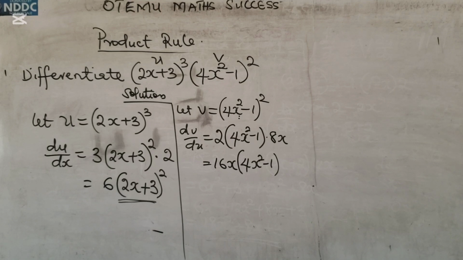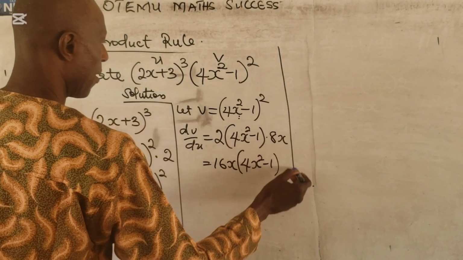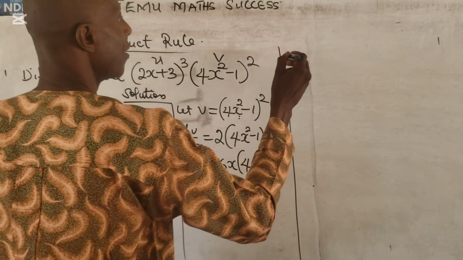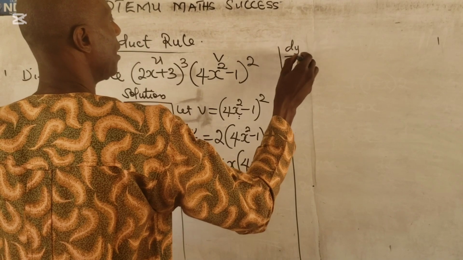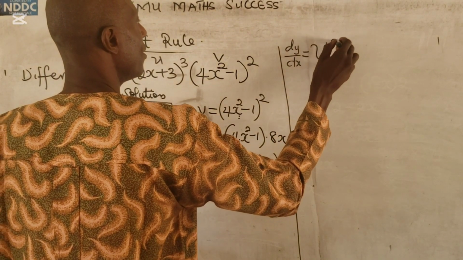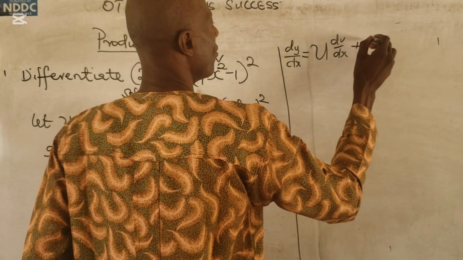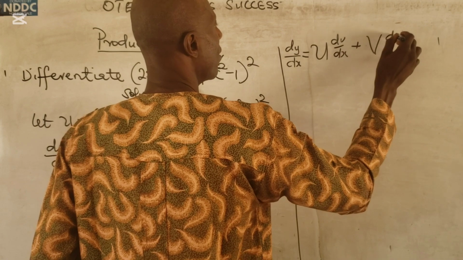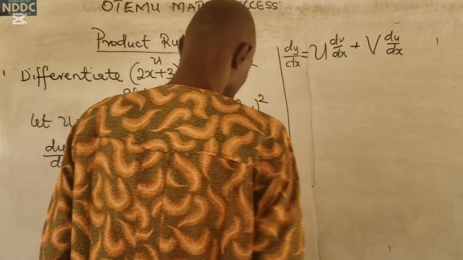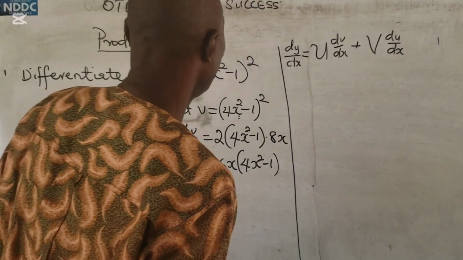So now our duty is to apply it into the problem. So when you apply it into the problem, now say, okay, dy/dx is equals to u dv/dx plus v du/dx.